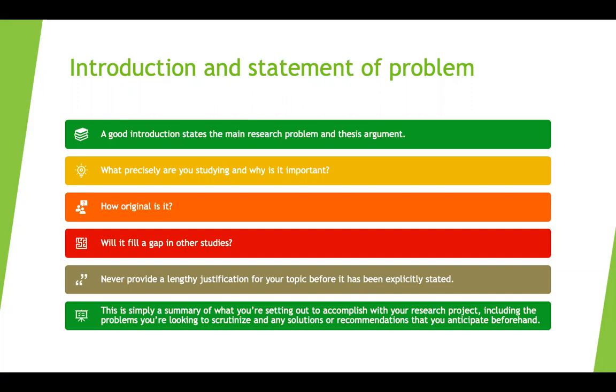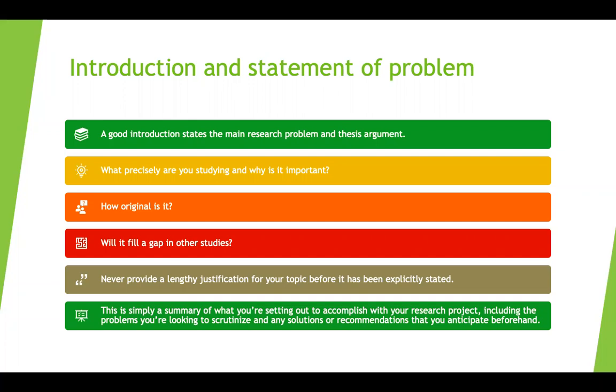This is simply a summary of what you are setting out to accomplish with your research project, including the problems you are looking to scrutinize and any solutions or recommendations that you anticipate beforehand. Everything you are trying to do, you will be mentioning in the forthcoming text of the paper you are writing.